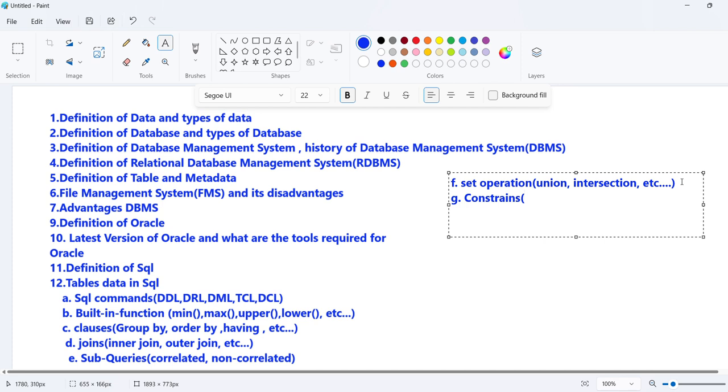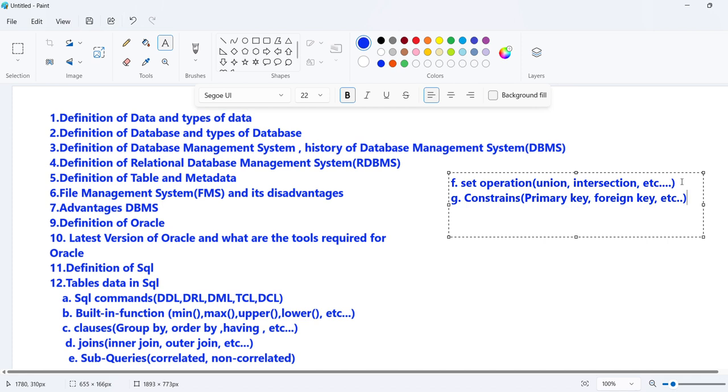In SQL, the constraints topic contains some important concepts that are primary key, foreign key, and etc. After that, our tables data in SQL is finished.